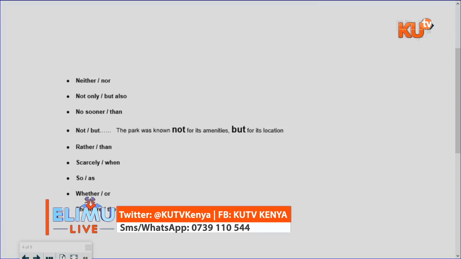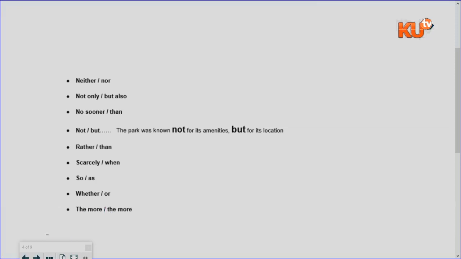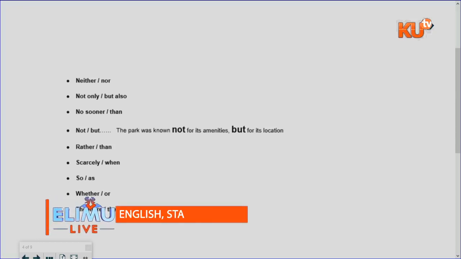In another question, where do we find conjunctions like moreover, nevertheless, and appearing to? Okay, moreover and nevertheless, where do we find them?